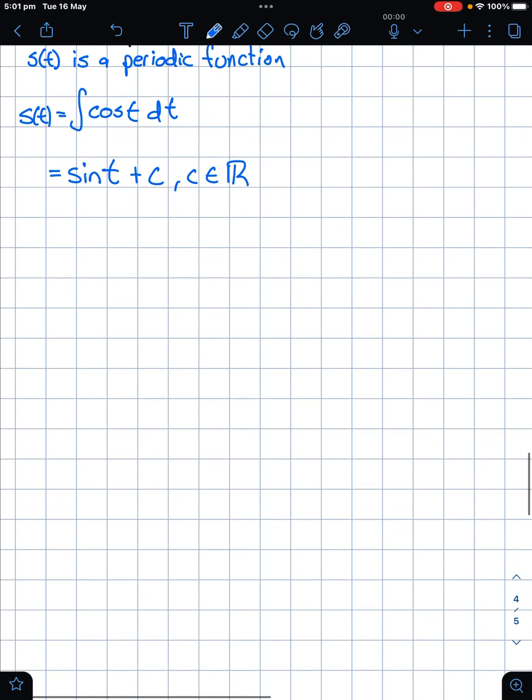So what this now means is our displacement, if I was to graph it, so s of t would have this graph. I'm going to draw this one a little bit more accurately because it's displacement. It would have this value y equals c here. Now you notice I'm not writing y equals 0, because if c ends up being 10, this just means this particle oscillates around 10.